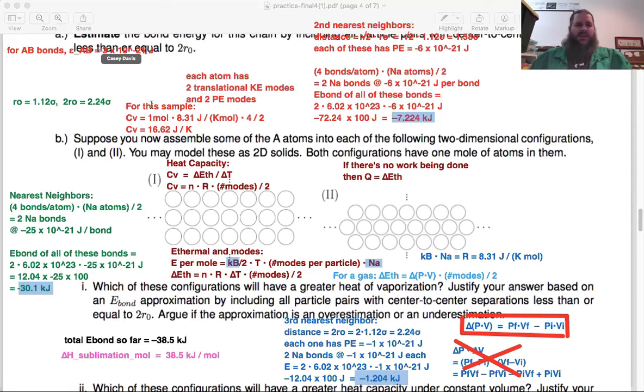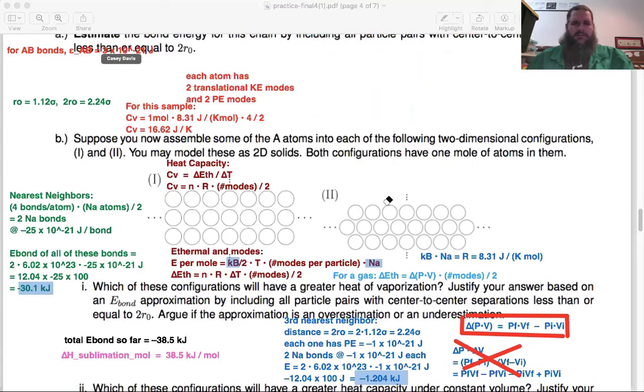Yeah, for the CP equation, we found that CV is N times R times number of modes over 2, because we were assuming that CV is delta E thermal over delta temperature. If we take a look at constant pressure, though, things get a little different. Let me clear out a little bit of space here to make room for that.